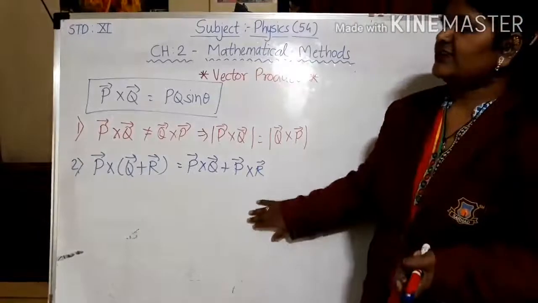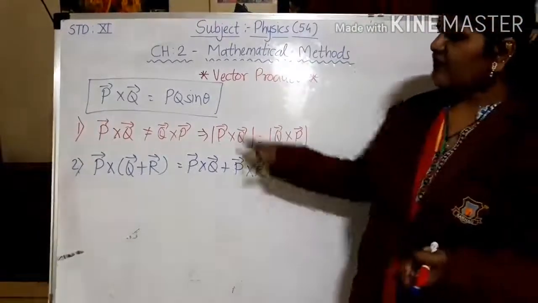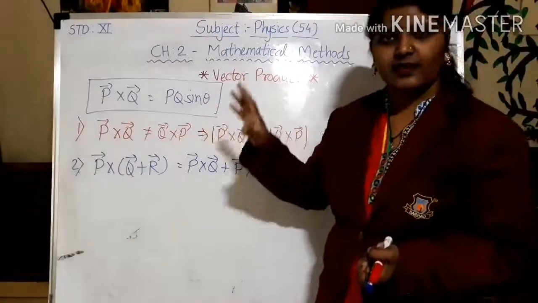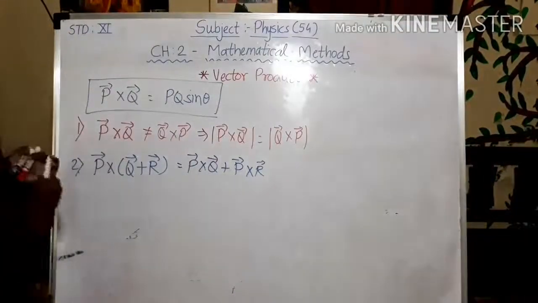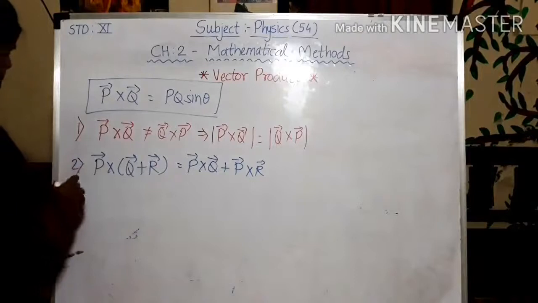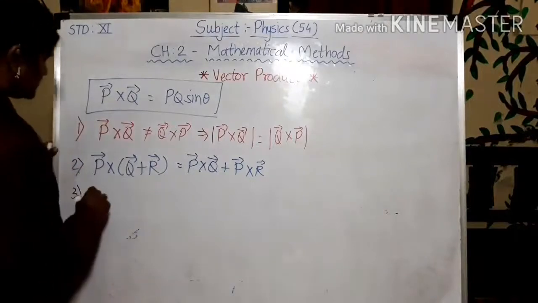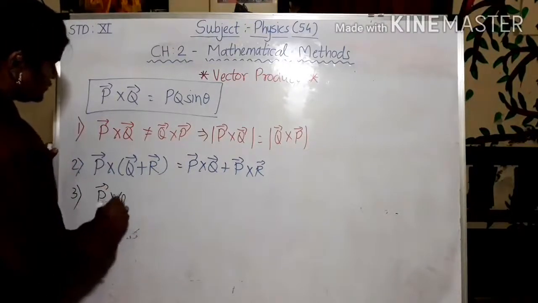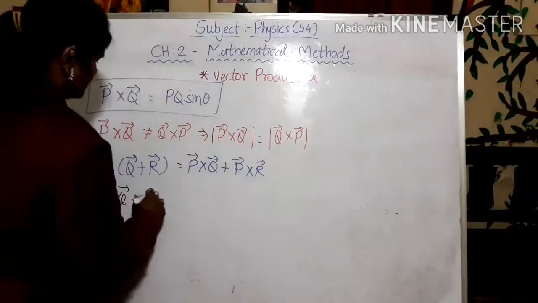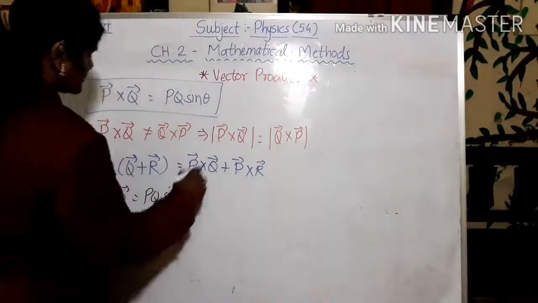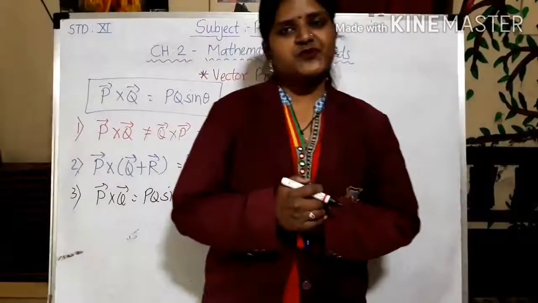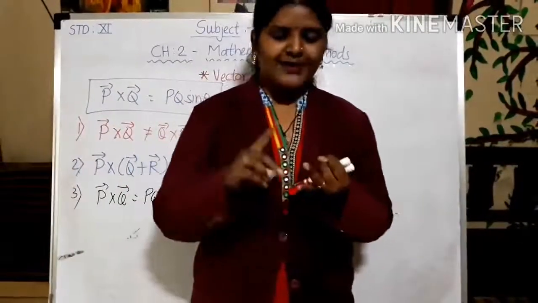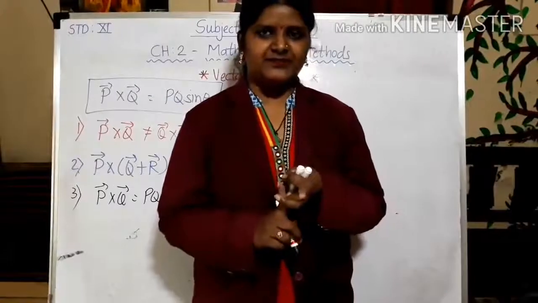Let's move towards the third point, which is for the angle only. If I consider p bar cross q bar is equal to pq sine theta, there should be some cases for theta. What are those cases? 0, 90 and 180, right?